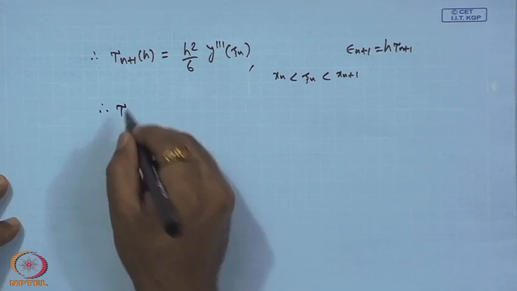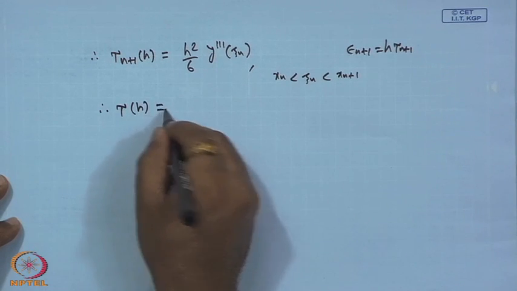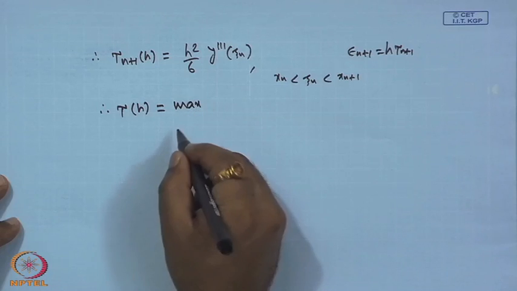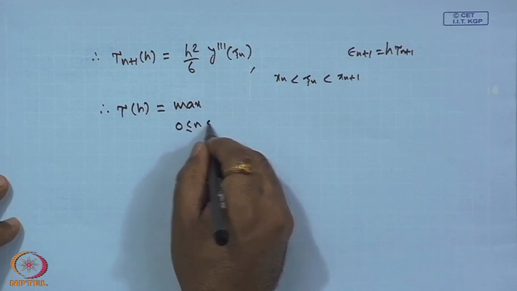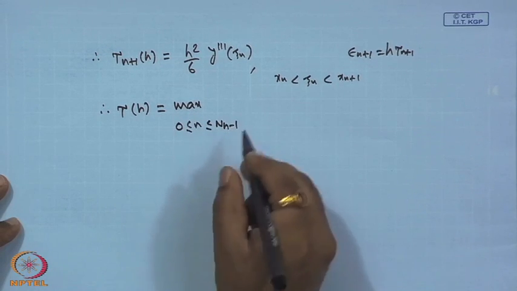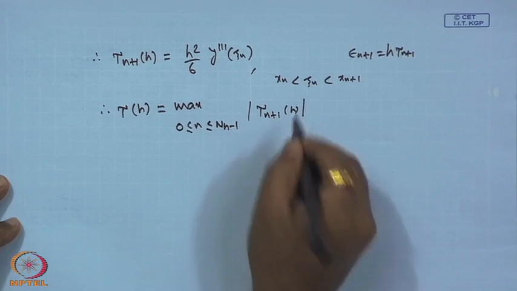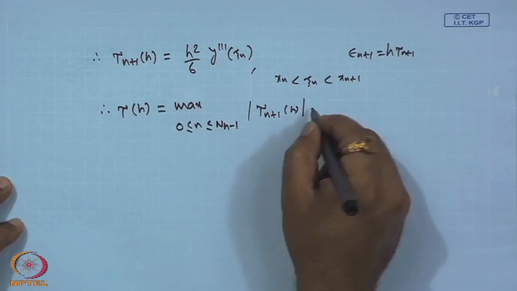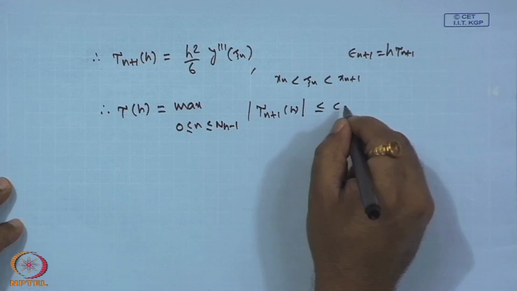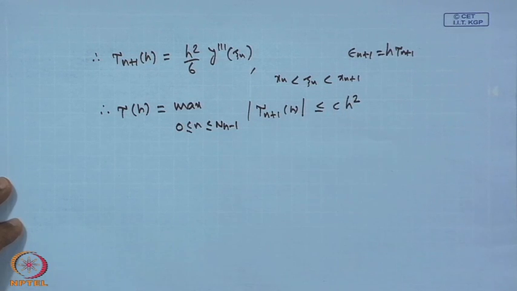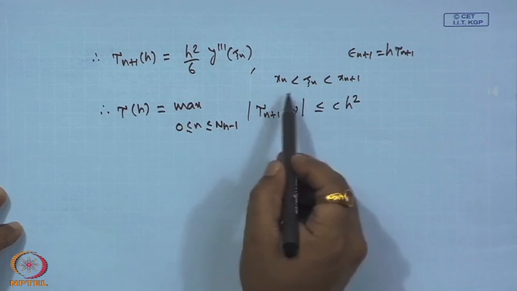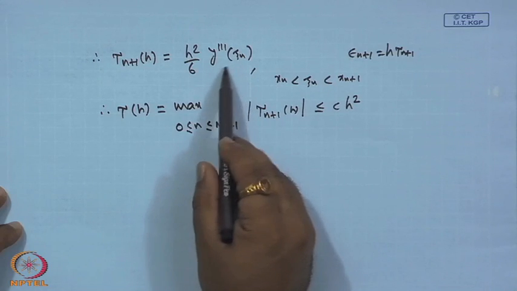So, therefore, tau h is the max of the modulus. So, this behaves like this, because we can estimate.